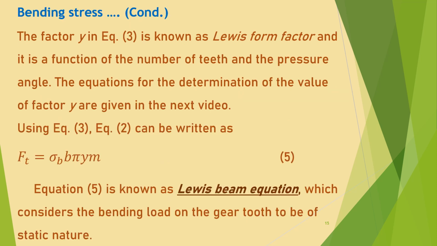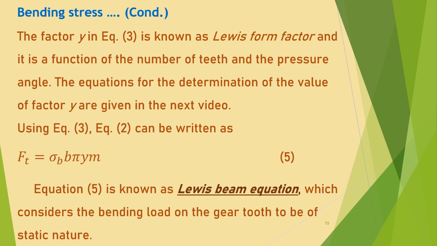The factor y in equation 3 is known as Lewis form factor, and it is a function of the number of teeth on the gear and the pressure angle. The pressure angle will be defined in the next video. The equations for the determination of the value of factor y are also given in the next video.